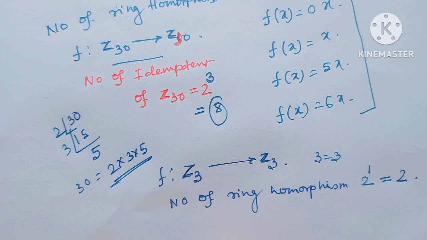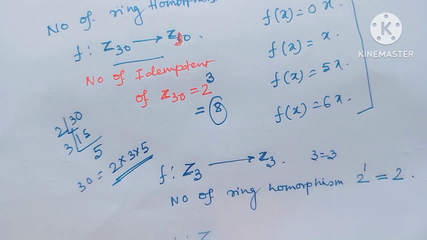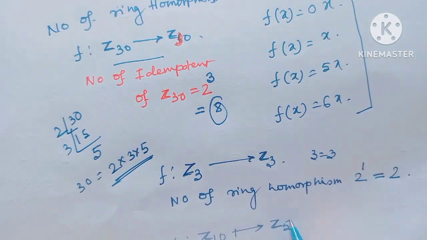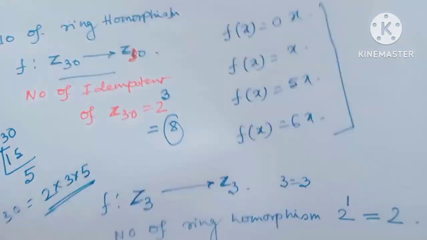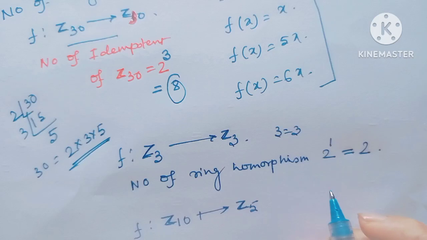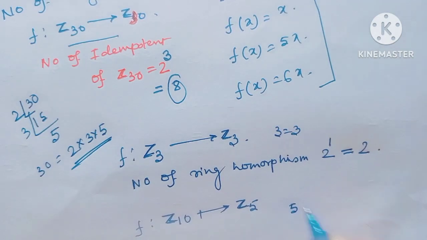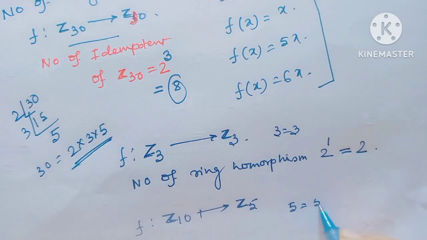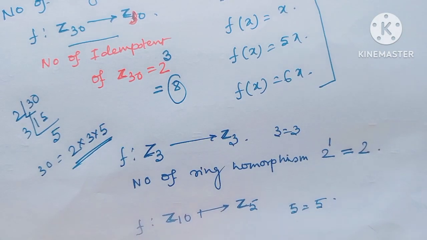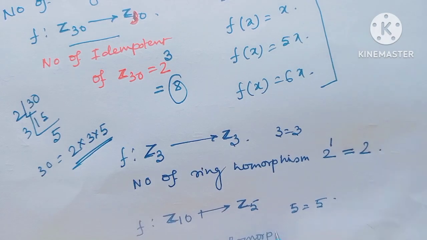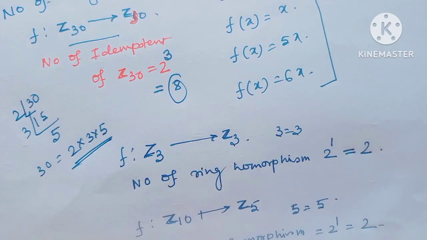Okay, the number of ring homomorphisms from Z10 to Z5: 5 is just 5, so the number of ring homomorphisms would be 2 to the power 1, which is equal to 2.